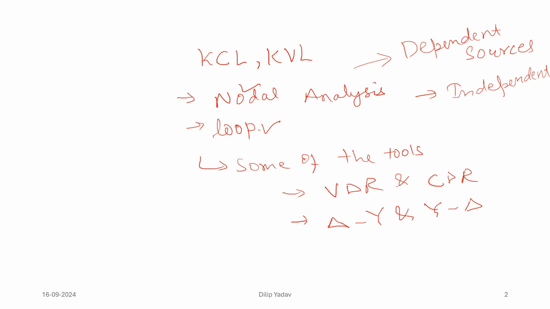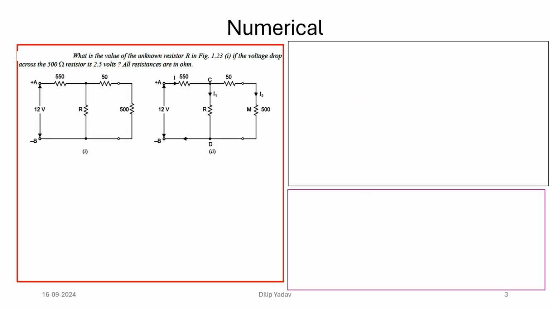So coming to the first slide, we have the first numerical, where we need to find the unknown resistance. In the figure, the voltage drop across the 500 ohm resistor is given, that is 2.5 volt.